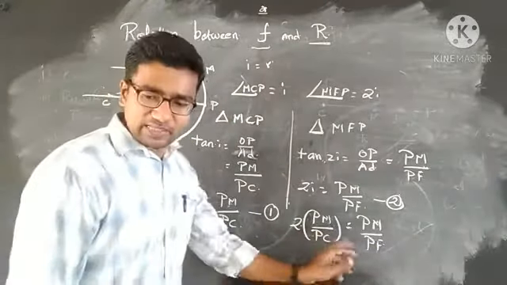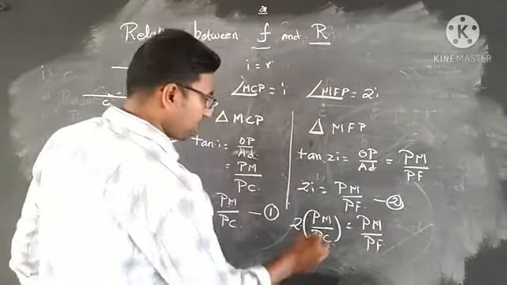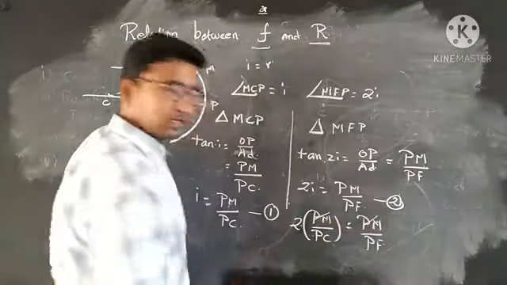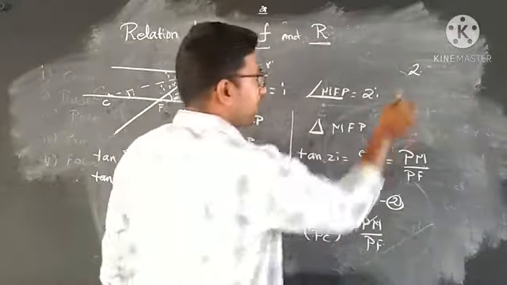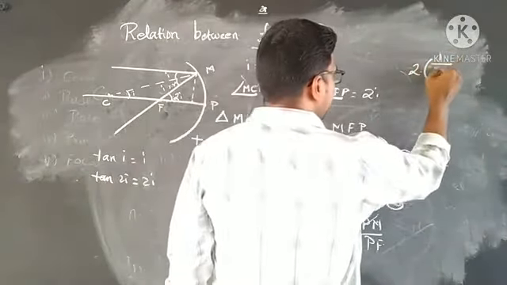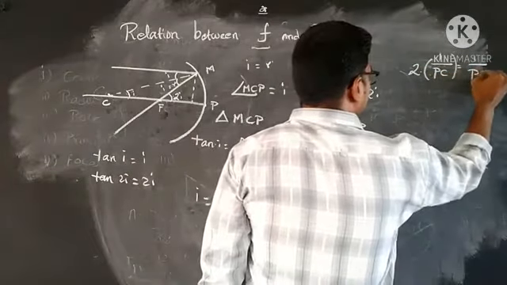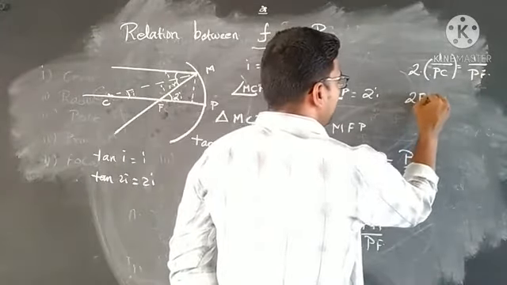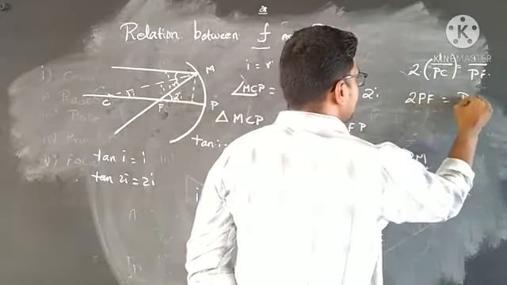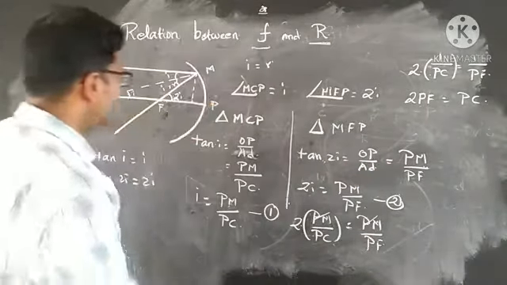By simplifying this equation, PM will be cancelled. So 2 times 1 by PC is equal to 1 by PF. By simplifying, 2 times PF is equal to PC. What is the value of PF and PC?